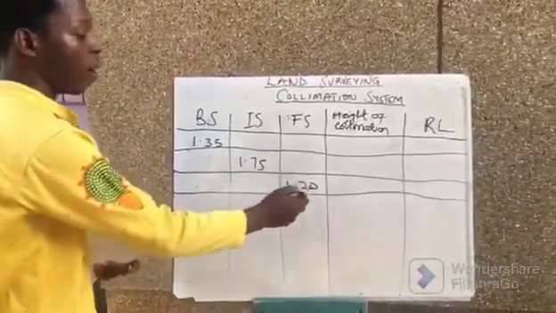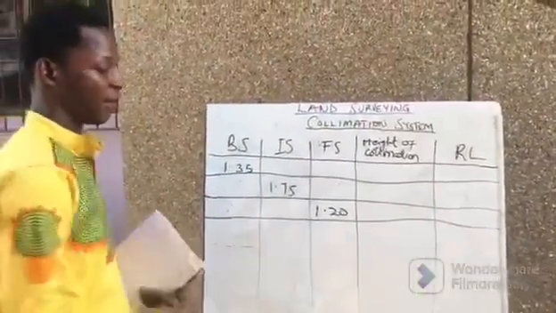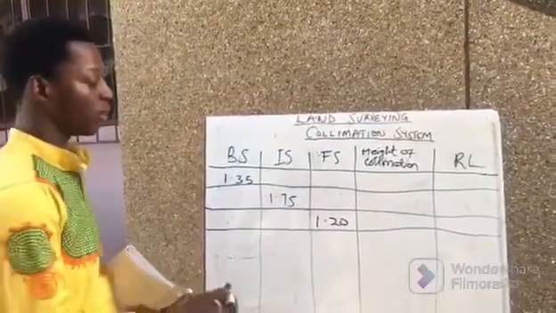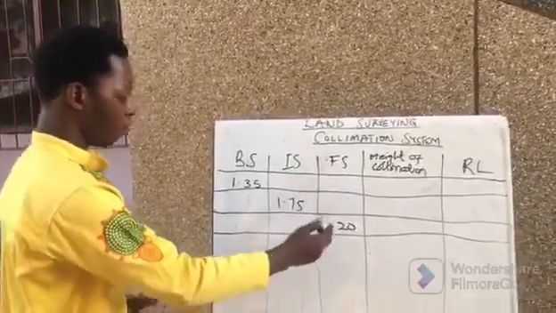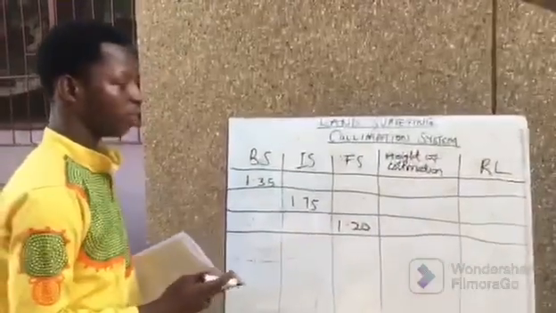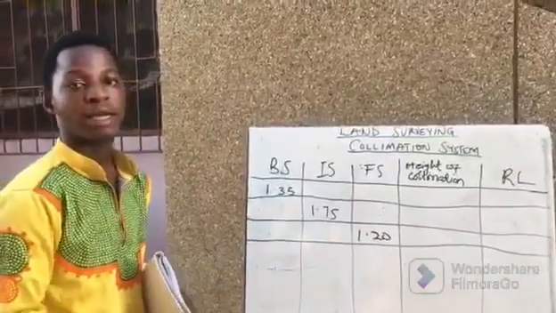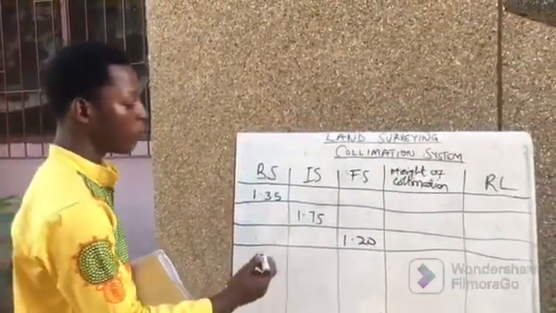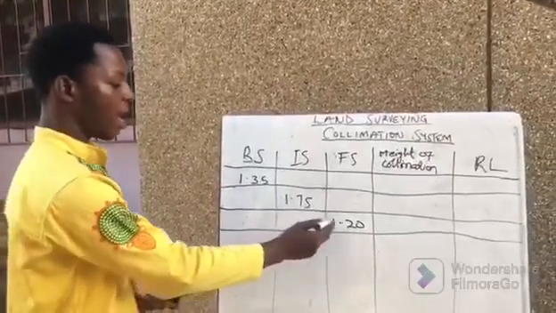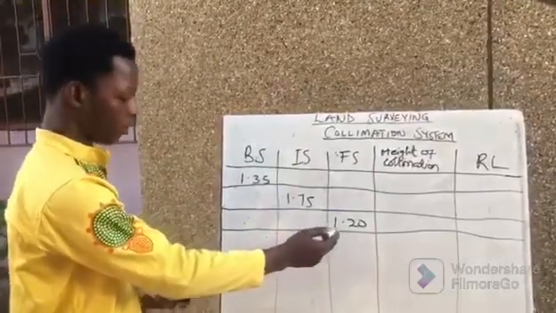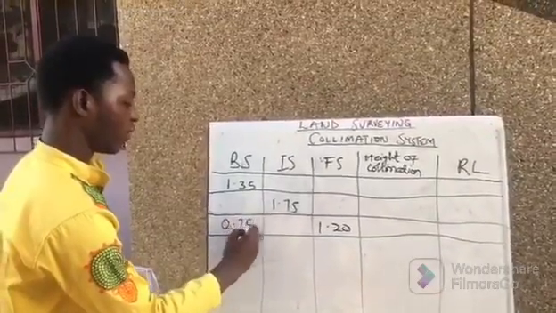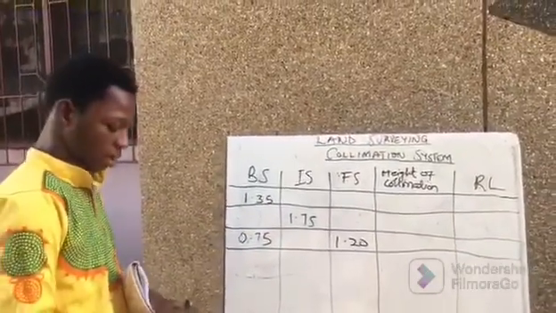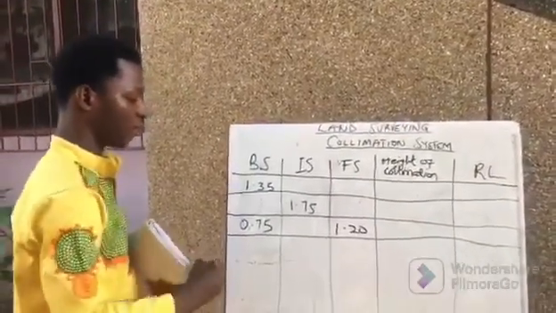After the 1.2, that's the third reading, we saw that the instrument was changed, and the next value after the 1.2 is 0.75, which is a backside, and it's supposed to be on the same line as the third reading. So here will be 0.75. Let me go over that again.